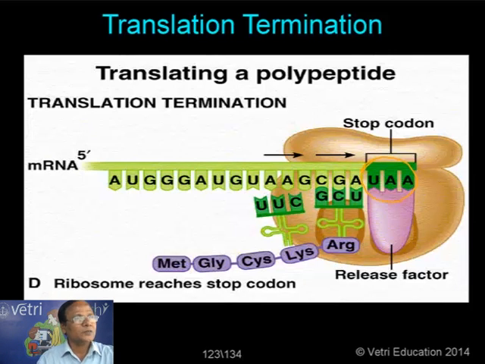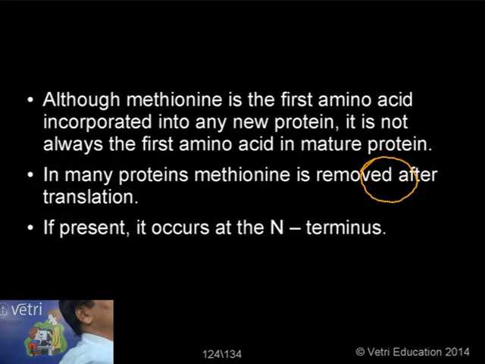So that space is filled with what is called a releasing factor, a kind of protein, so that the dissociation of the two units and the release of messenger RNA takes place. Finally, we have the termination process leading to the completely formed protein, which has undergone configuration changes to form a specific protein.